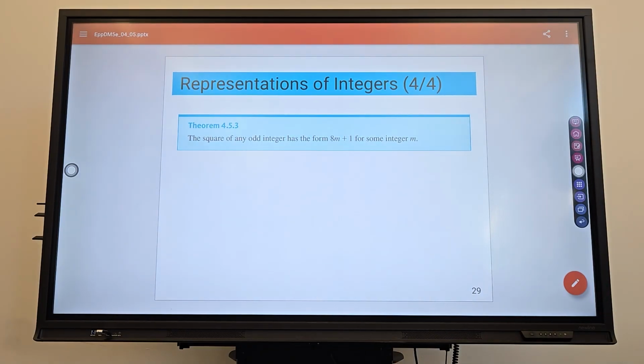It is true that the square of any odd integer has the form of 8m plus 1. I would suggest you work out the proof yourself, as this proof might be showing up on a quiz or a test in the near future.